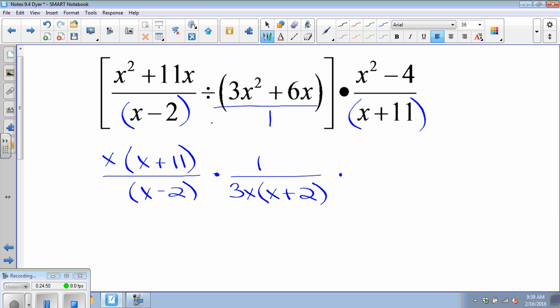I factored out a 3x right here. This is 3x times x plus 2. So that factors to that. This factors to x times x plus 11. What does this factor to? X plus 2 times x minus 2.